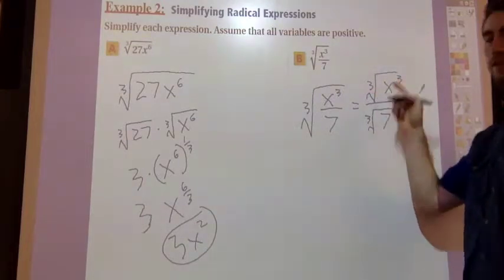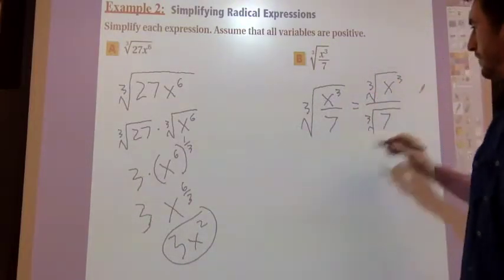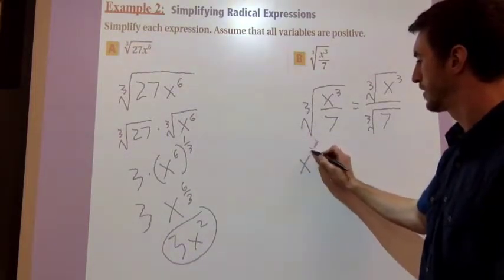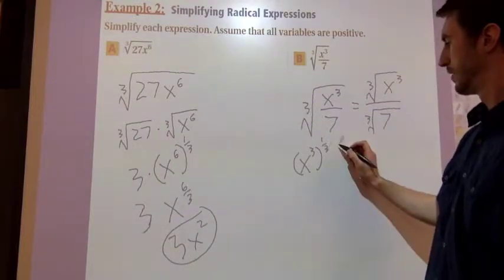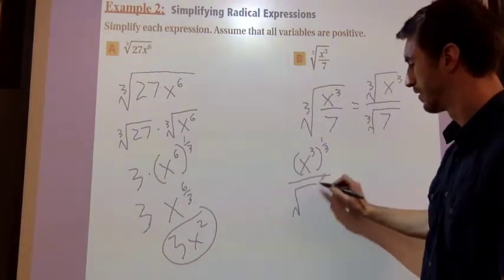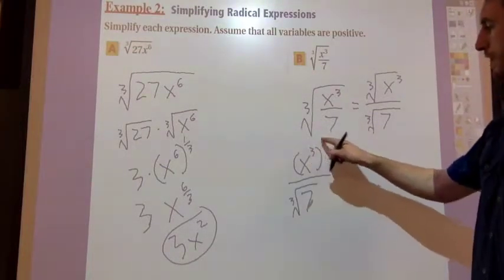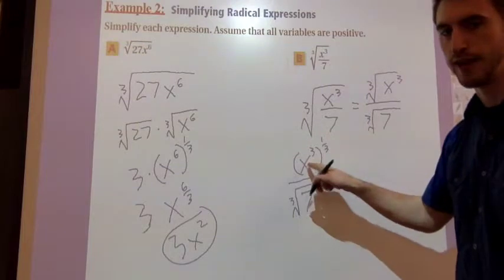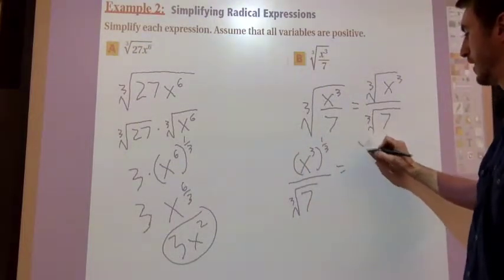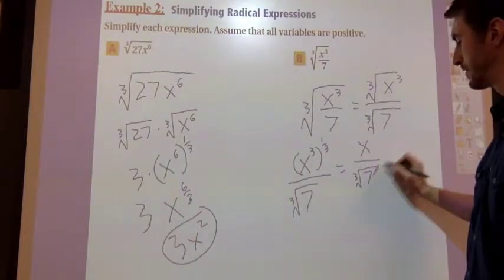So I can rewrite this one as a rational exponent, and it's going to be x to the 3rd raised to the 1/3, over the third root of 7. And then 3 times 1/3 is just going to be 1, so this simplifies to x, and I've got x over the third root of 7.